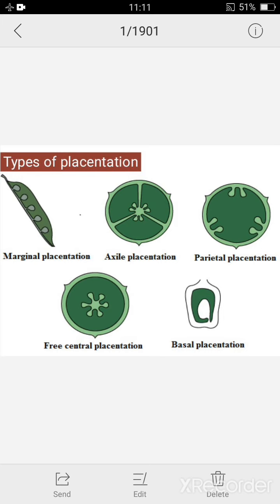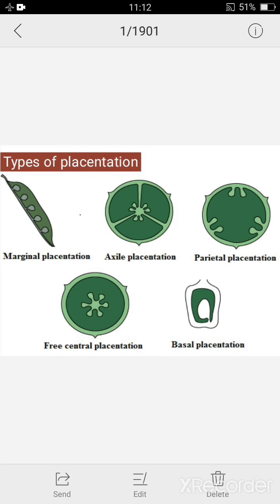Understood? Now, each ovary bears one or more ovules attached to a flattened cushion-like structure called placenta. Generally, in some flowers only one ovule is present, like sunflower and marigold. But in some flowers more ovules are present, like hibiscus.